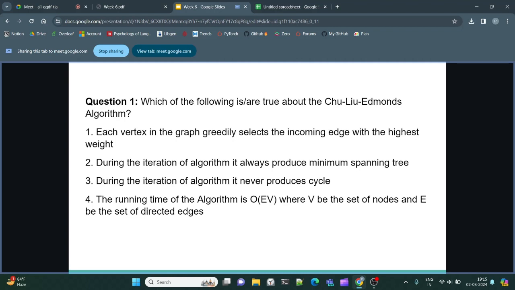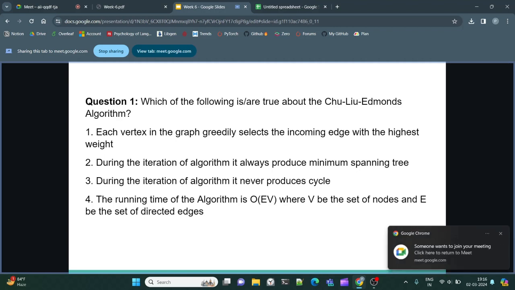Okay, so there are three conditions for the creation of a spanning tree. The vertices should be the same. The number of edges should be equal to the number of vertices minus 1. And the third condition is there should not be a cycle. All the three conditions need to be mentioned. So after doing the first step, the first two conditions are maintained. The number of vertices are the same. The number of edges would be number of vertices minus 1.